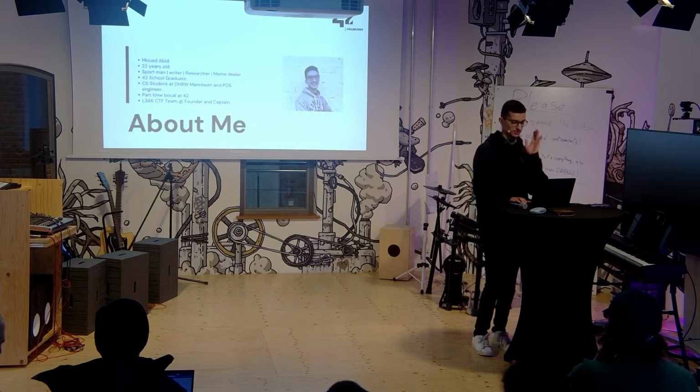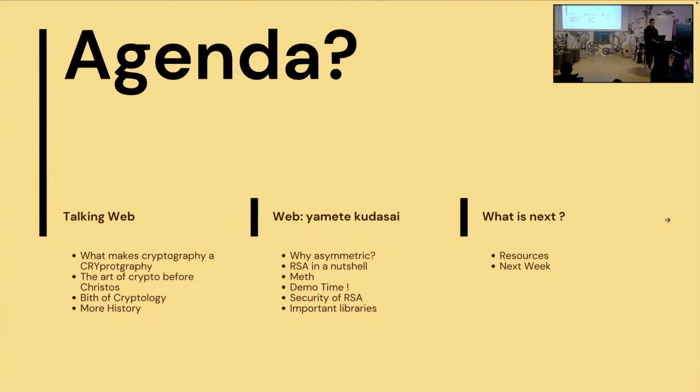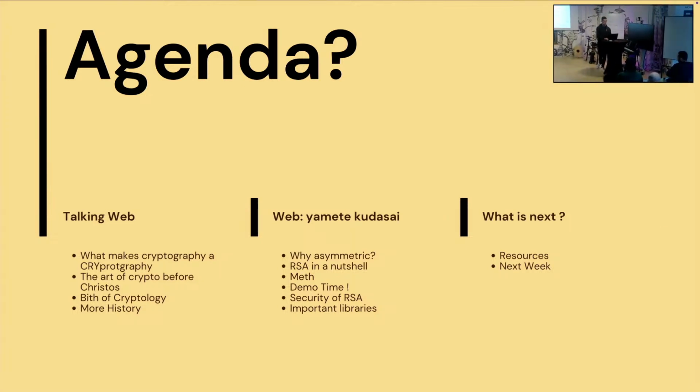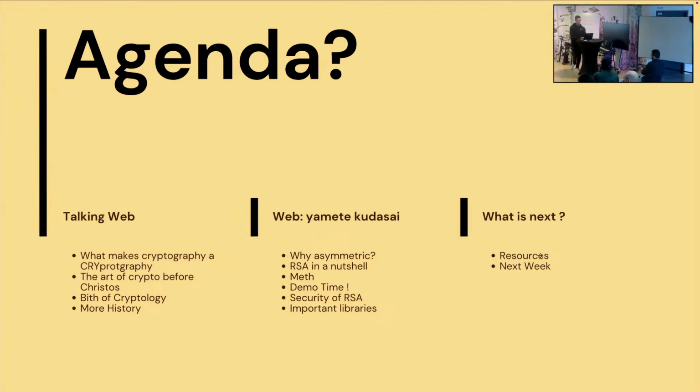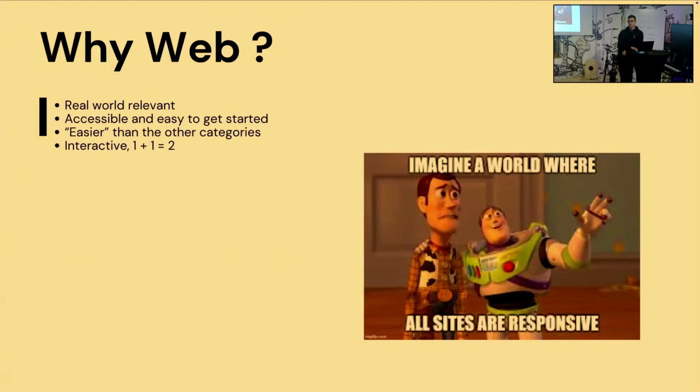Everyone here knows me, so I'm just going to go through today's agenda. I think I didn't update the agenda. The only thing that I updated was Web. We're just going to have 2 parts of this lecture. The first part is going to be related to web in general.